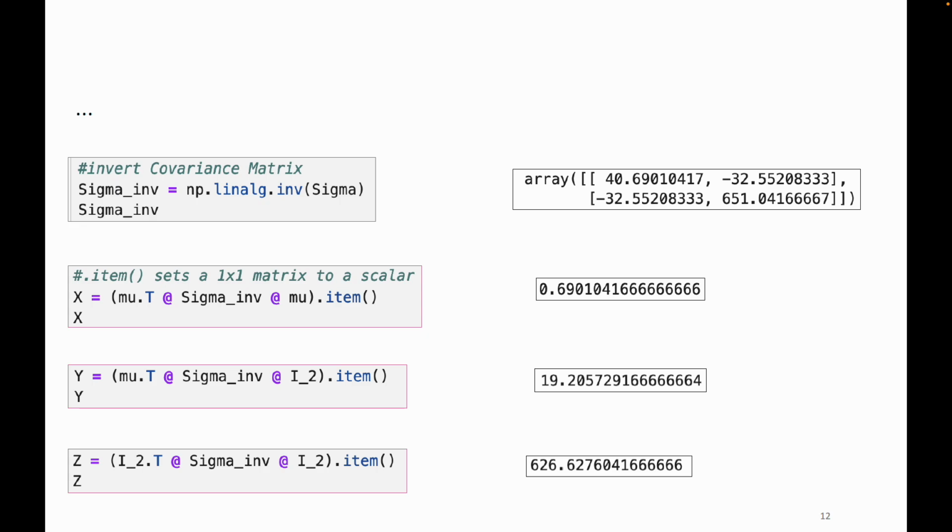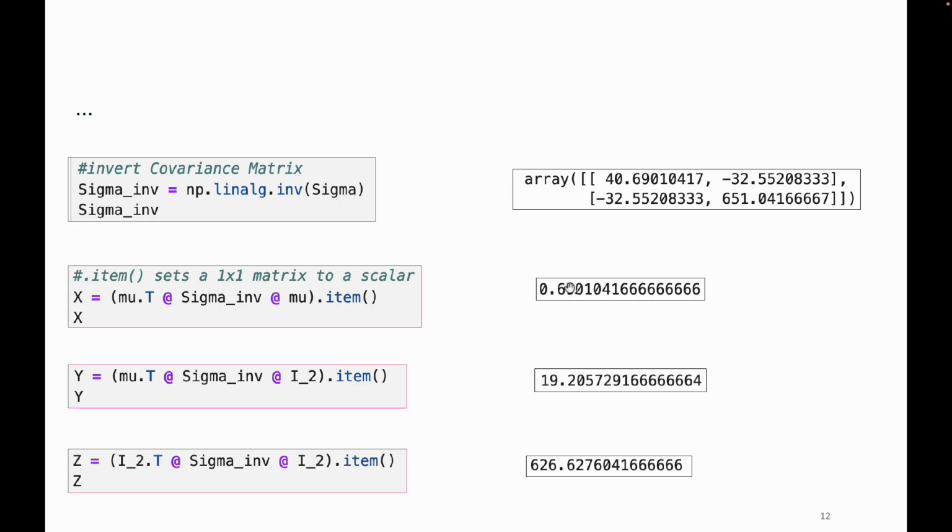Again, in coding, the counting starts with 0. This is like in C, C++. I mentioned Python under the hood has C, C++. So if we take dot item, now it really becomes a double or a floating point number. And that's what we want to have, because I went through the algorithm and I saw x, y, z, these are all scalars. So within Python, I need to enforce my x to be recognized as a scalar by this command here.